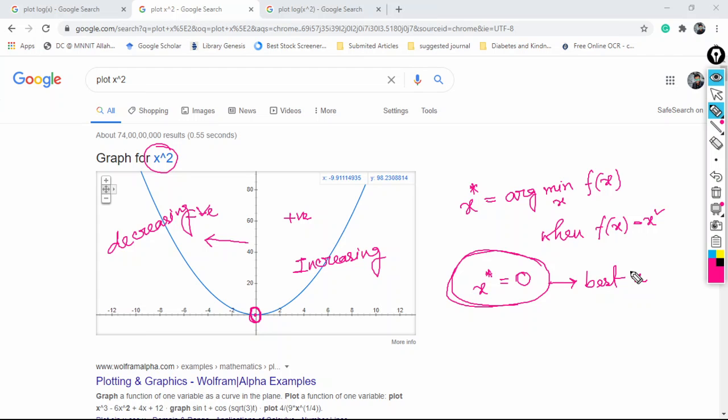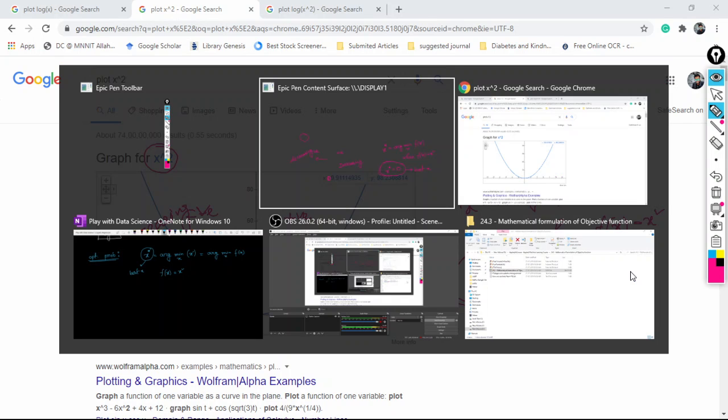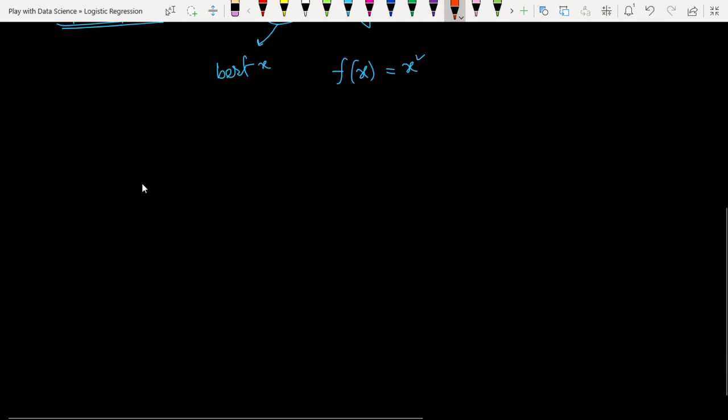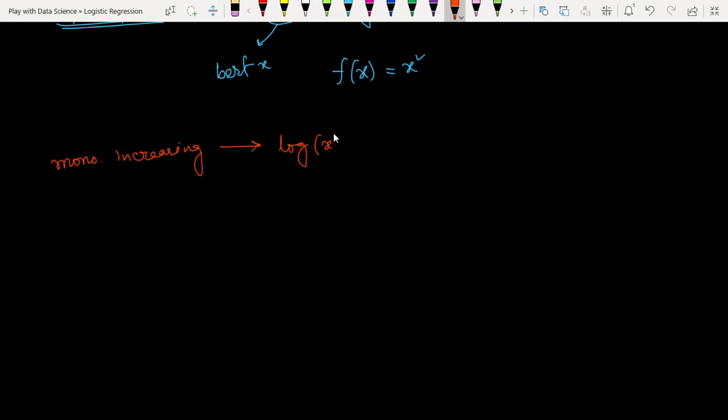Okay, now let's go to another thing. Let's change the color. Now we can see that we have a function log x, which is a monotonically increasing function. This log x function is our monotonically increasing function.